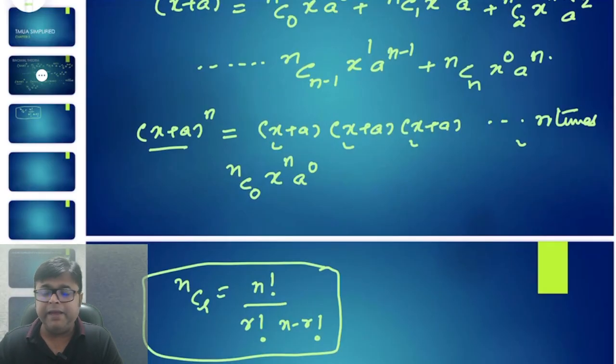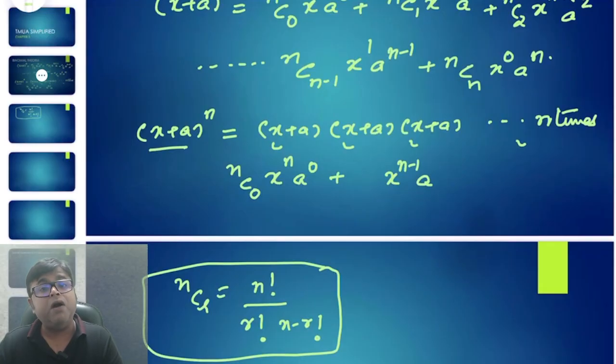Similarly, if I take one a from a bracket and from the rest of the brackets I take x, then the number of ways of selecting one a, because I don't know from which bracket I am taking a, gives a term like x to the power n minus 1 a, because I have taken 1 a and from the rest of the n minus 1 brackets I have taken x. So the product will become x to the power n minus 1 into a.